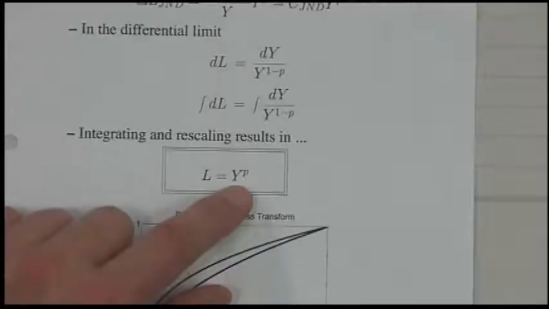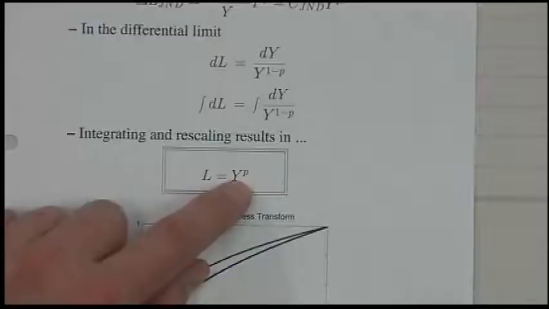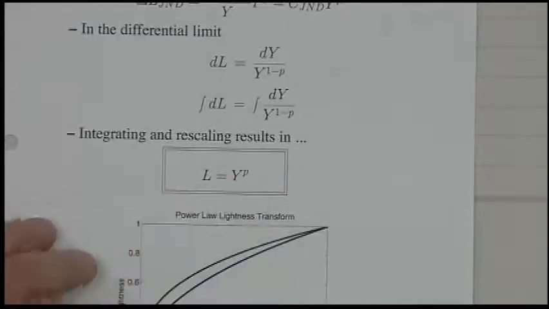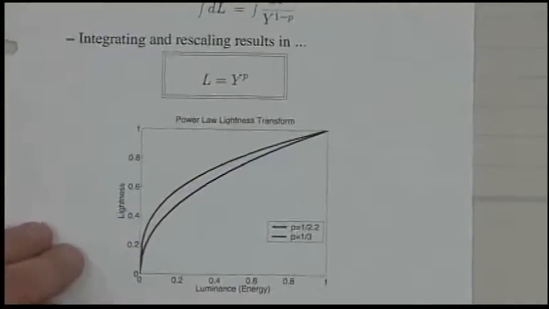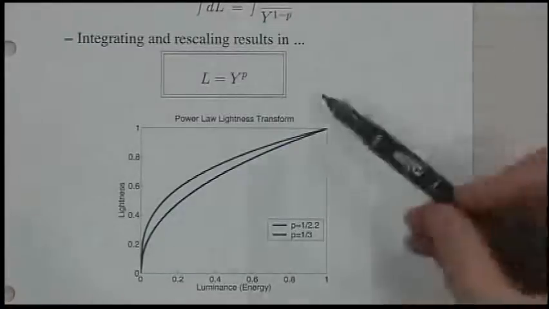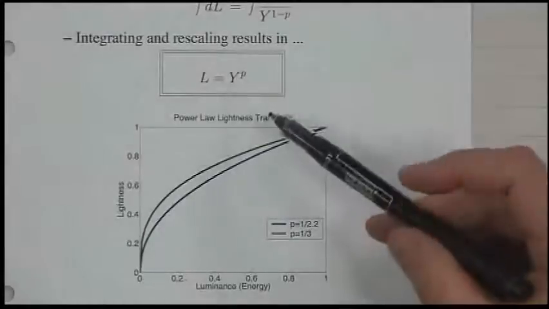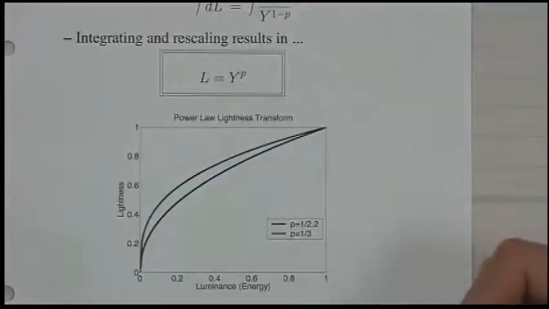So in the limit as p goes to 0, the behavior of L equals y to the p behaves like log y. And the smaller you make p, the closer you have to something that approximates Weber's law. So if you really believe Weber's law, you want to make p very small. If you don't believe it so much, you make p larger. So it's sort of a practical trade-off, too.